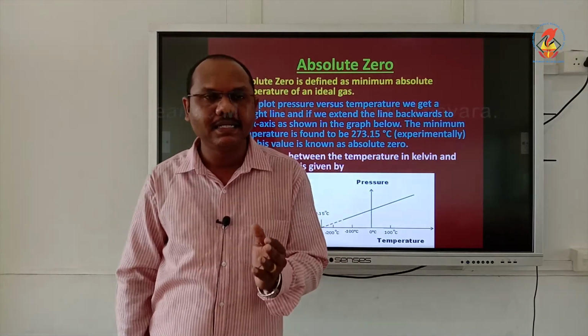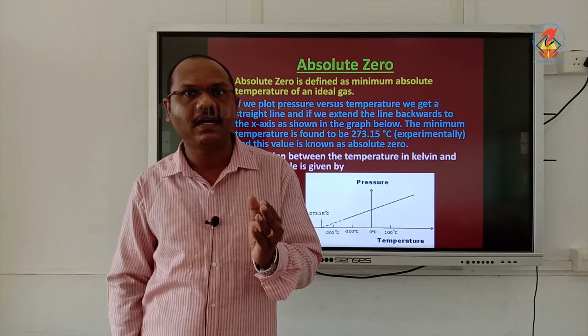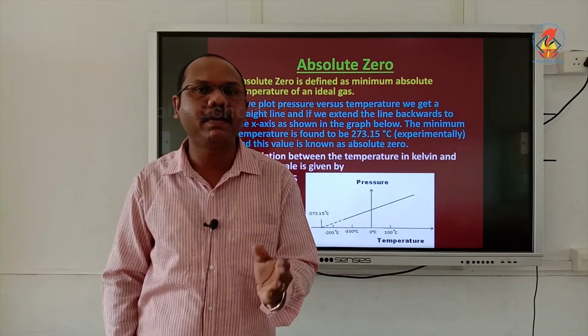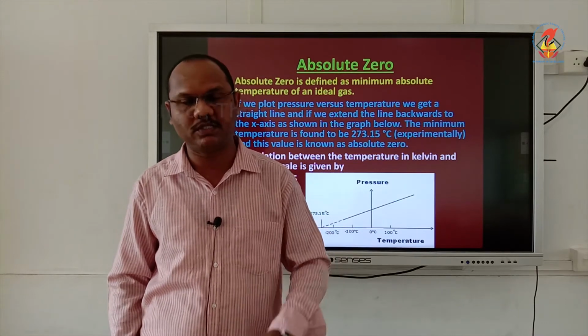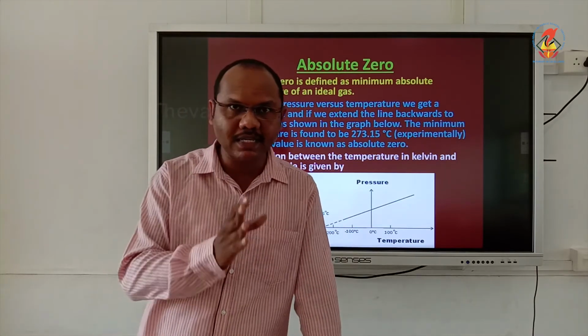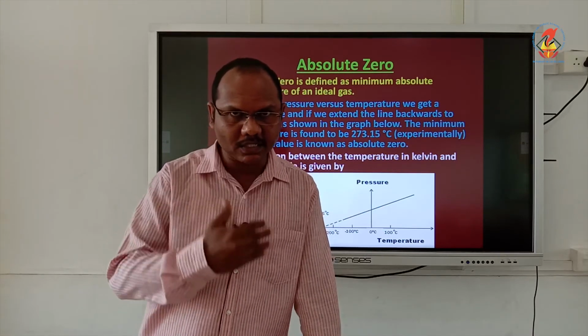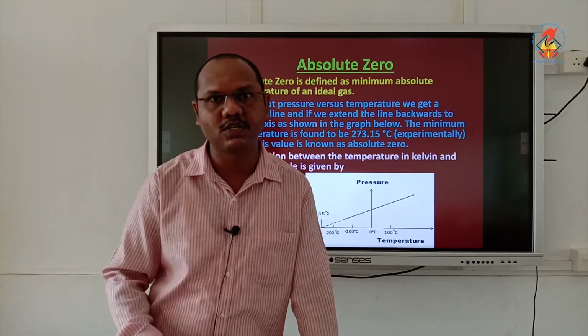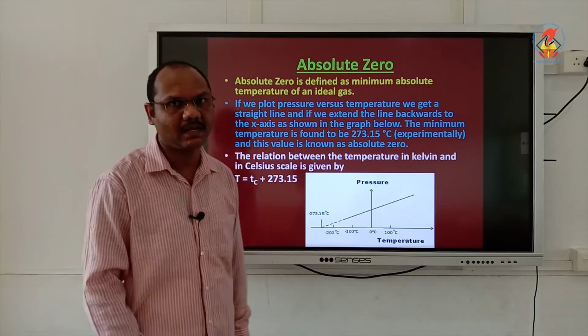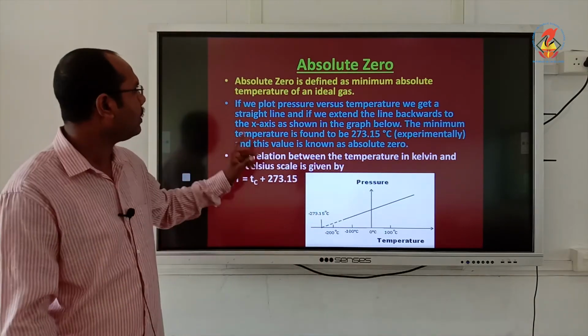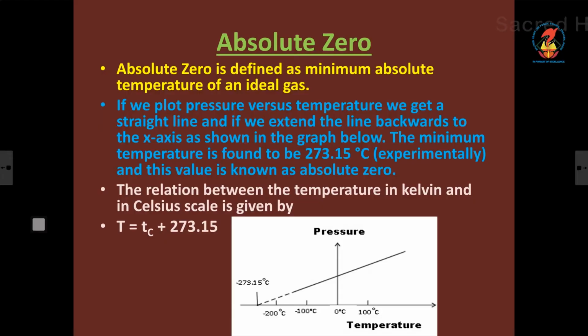So the pressure of the gas and the volume of the gas becomes zero. Such temperature is called absolute zero. So that is the lowest attainable temperature. So it is the minimum absolute temperature of an ideal gas.